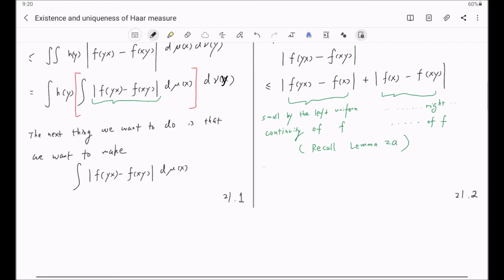First, we fix a compact symmetric neighborhood V0 of e. Using notations, V0 is equal to V0 inverse, compact.